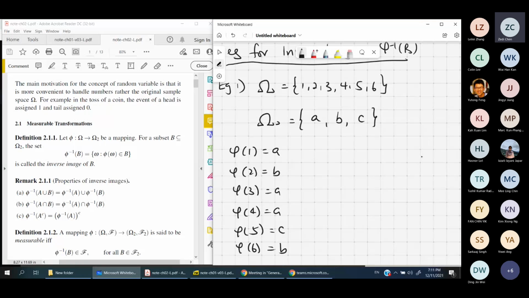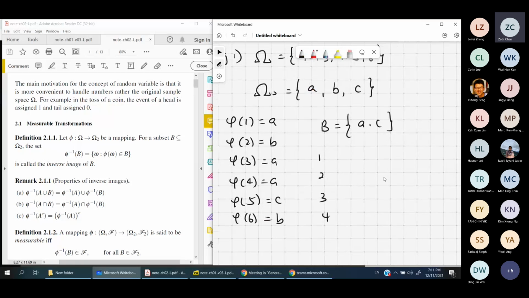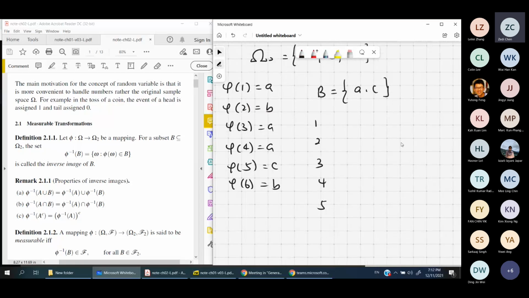So let's look at here. Let's say our B is equal to A and C. What is the inverse image? The idea is, we have 1, 2, 3, 4, 5, and 6, and this is our omega.